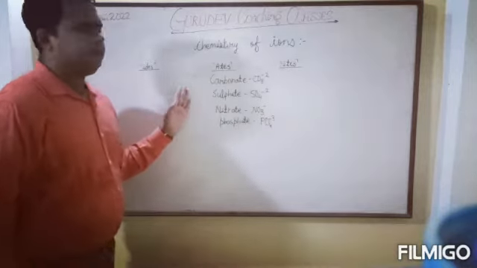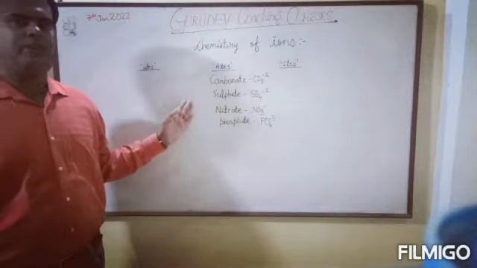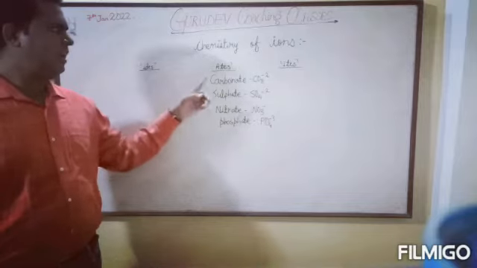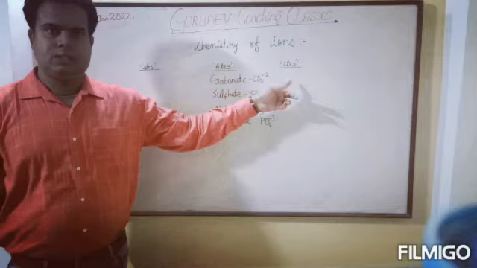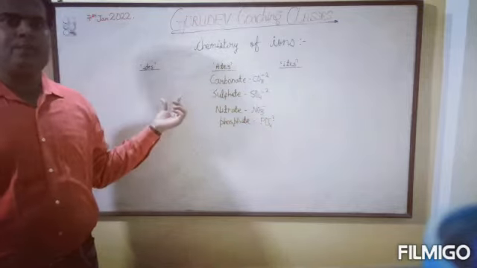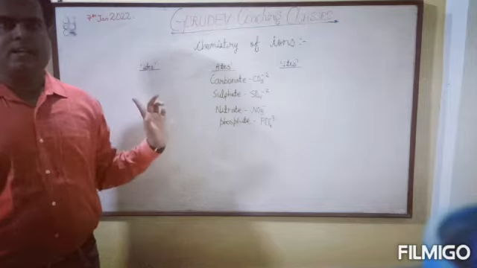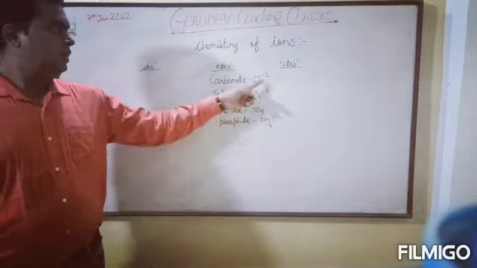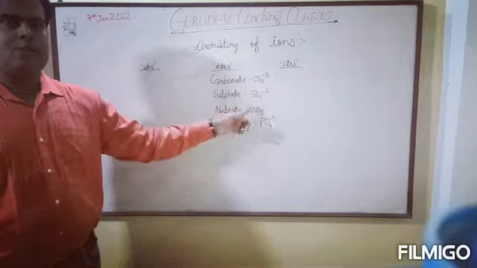So children, we are seeing here three types of ions: ates, ites, and ides. How to differentiate between them? By seeing their chemical composition. Carbonate, see the quantity of oxygen.